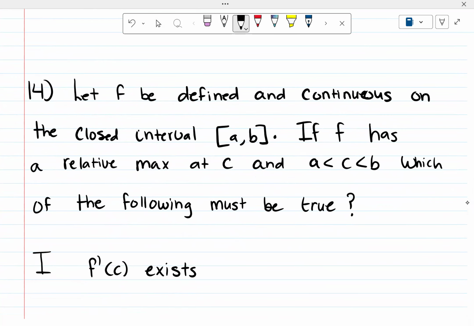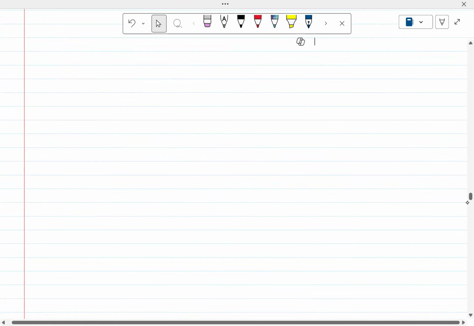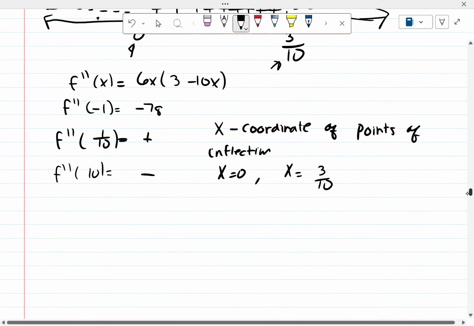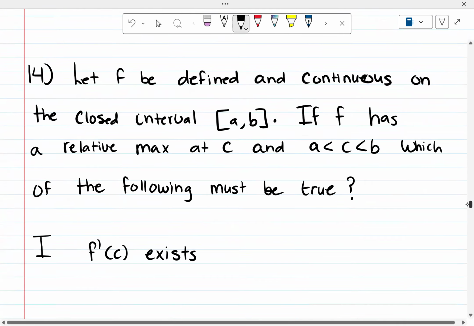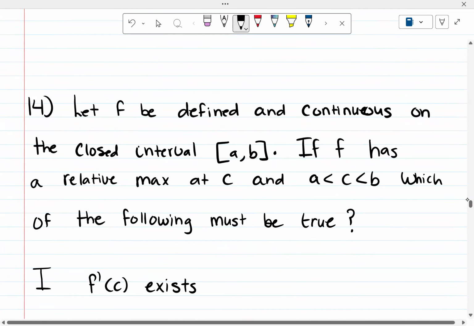If f has a relative max at c and a is less than c is less than b, which of the following must be true? Sorry, let me just reread it again.